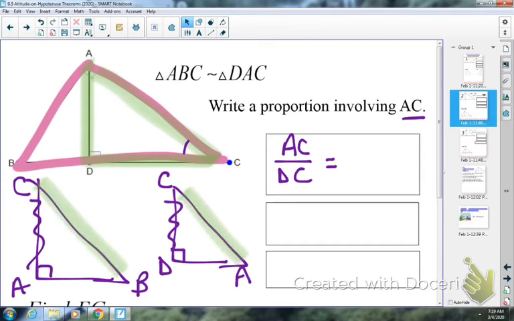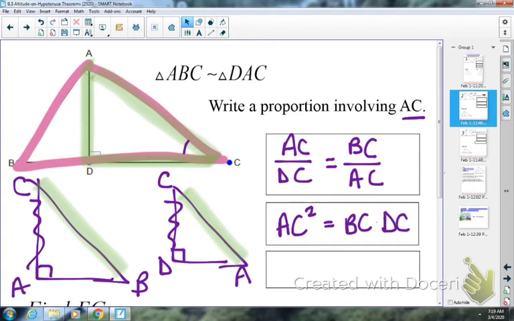So if I put this AC on top, I need to put BC over AC. Okay, so cross products would tell me that AC squared equals BC times DC.